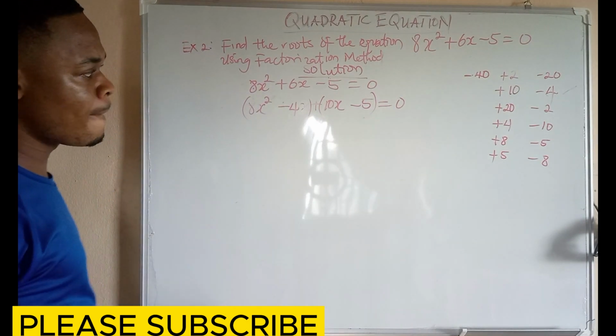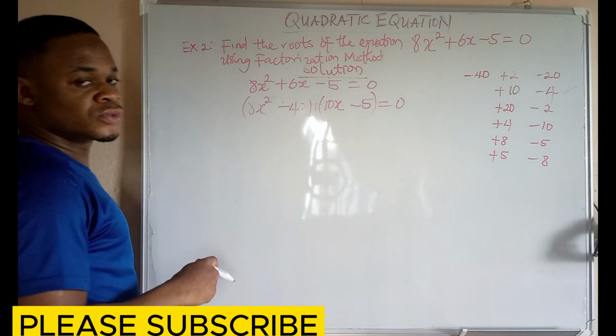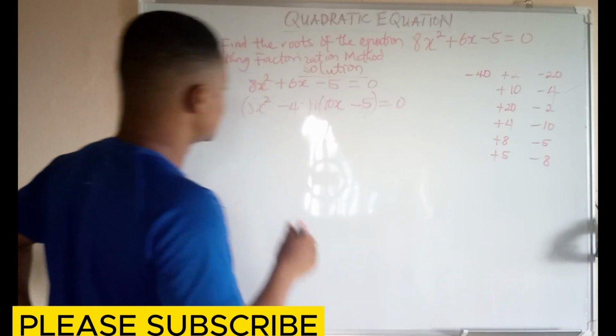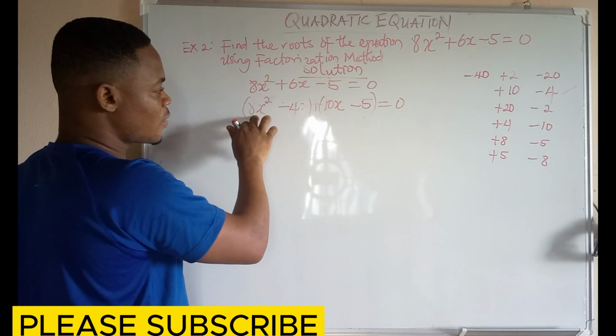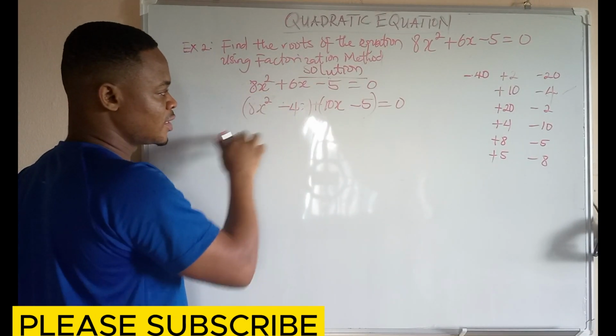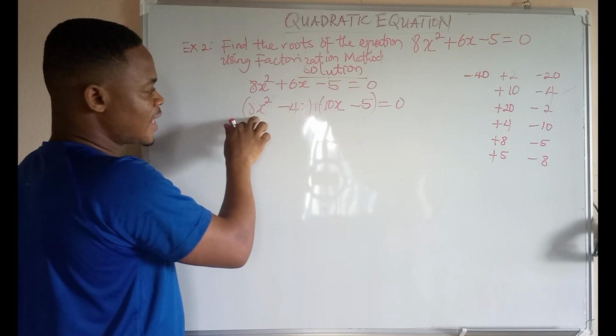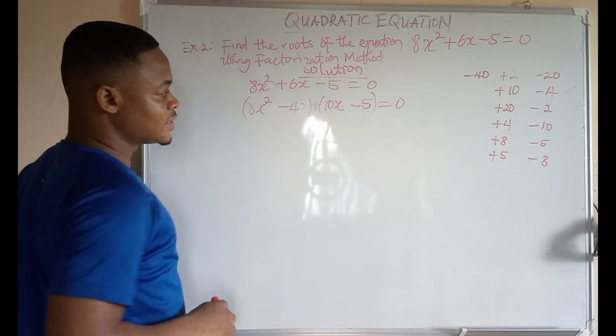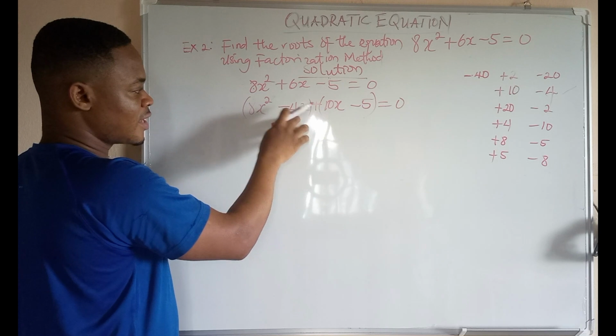We now look for the factors of 8x squared minus 4x. What can divide here and equally divide here? 4x can divide here and equally divide here.